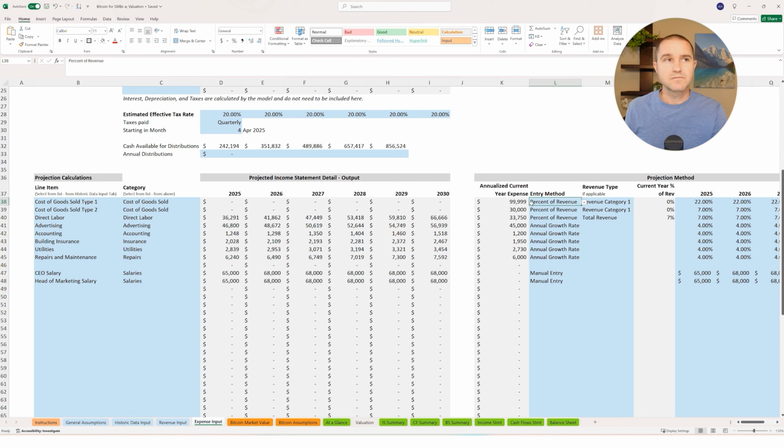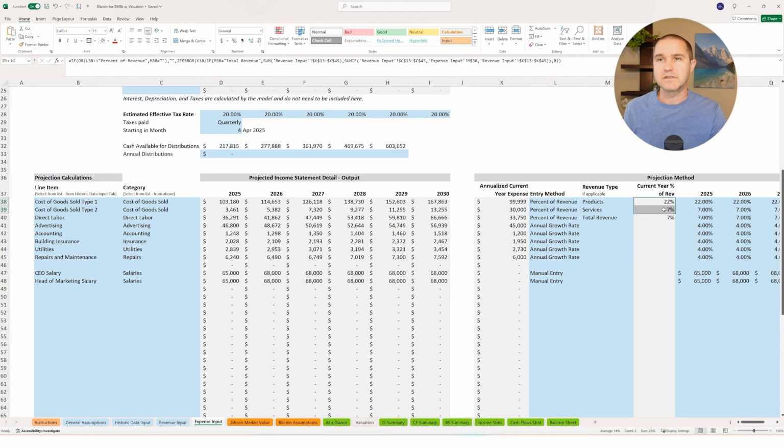So this cost of goods sold expense, we can say this should be a percentage of revenue, and we need to select here what category of revenue. So this line item is going to be a percentage of product revenue. This line item we're going to say is a percentage of services revenue. And then what this column will do is it will calculate and say, okay, historically, based on your historical financials, this line item has been 22% of product revenue, and it's been 7% of services revenue.